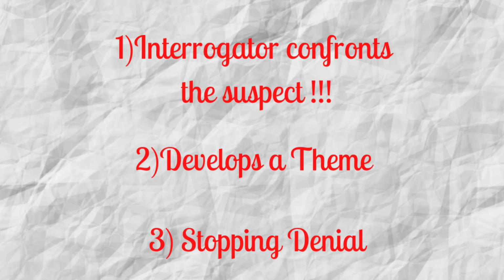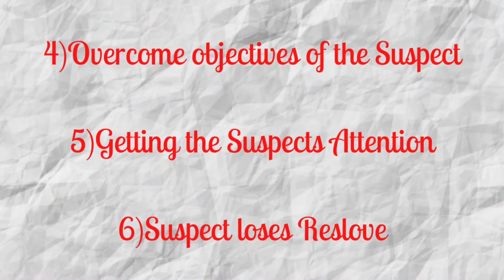Number 3, stopping the suspect from denial. The interrogator interrupts all efforts of denial and defense. If the suspect denies guilt, they are increasing their confidence, and the interrogator does not want the suspect having confidence. While they are stopping your denial, it helps quiet the suspect and they don't have a chance to ask for an attorney.